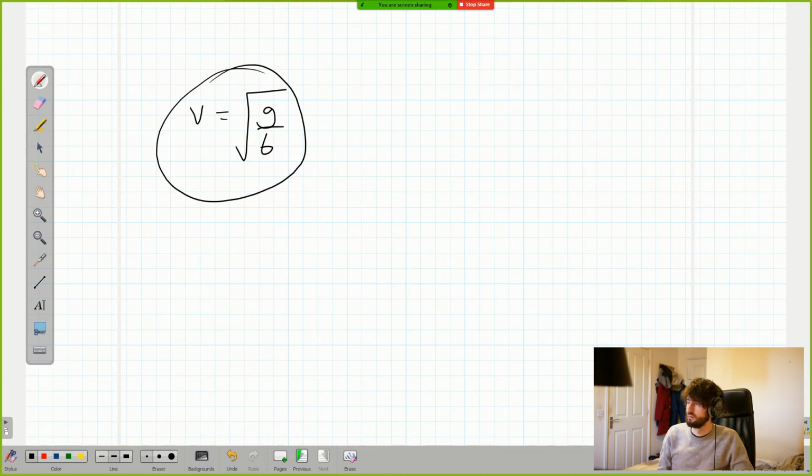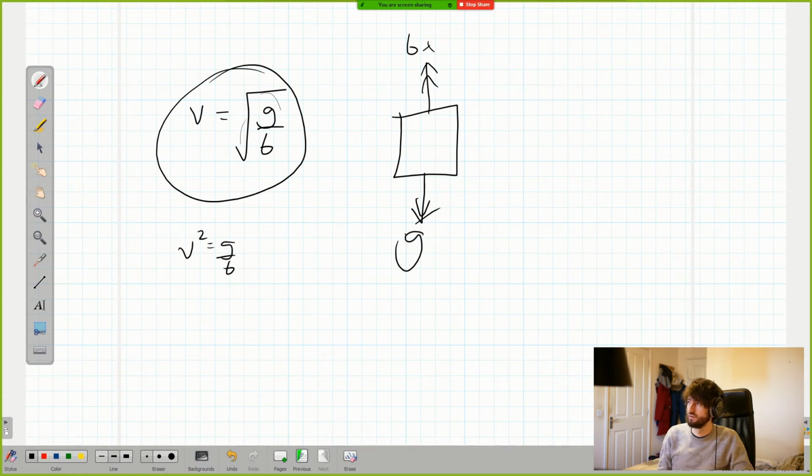Now, this is just an arbitrary number. So you're going to have your g down, and then up you're going to have b times v squared, so v squared is g over b.